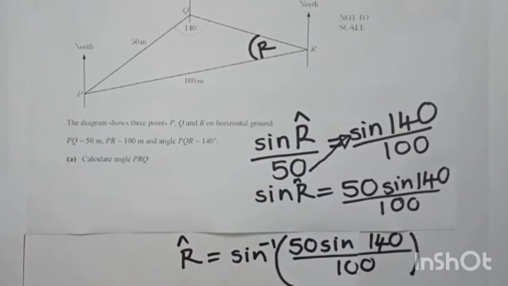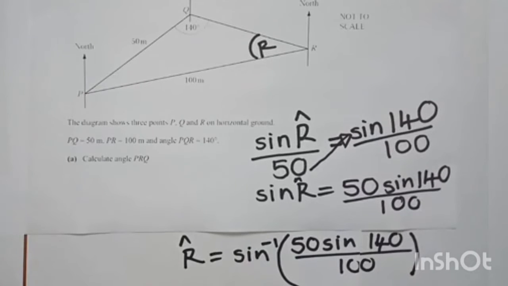So press second function, then you press the sine button, you get your arc sine. Put open bracket, punch 50 sine 140, divide it by 100, then you close your bracket. Right. You get 18,74. R is equal to 18,74.